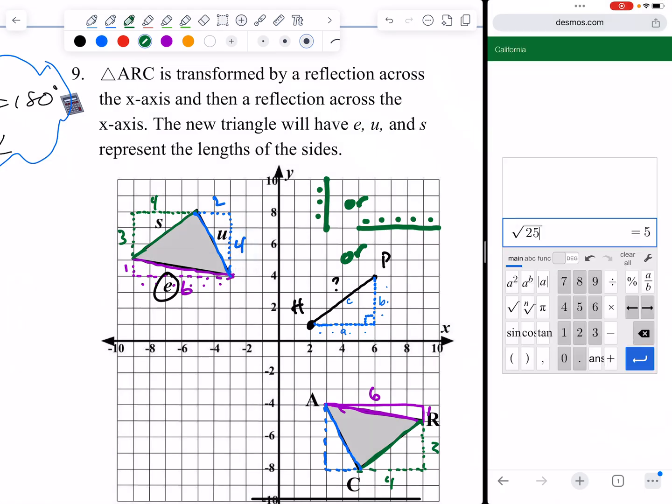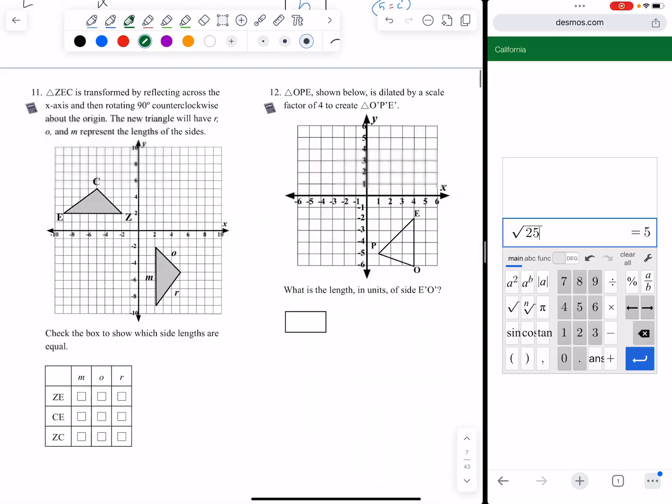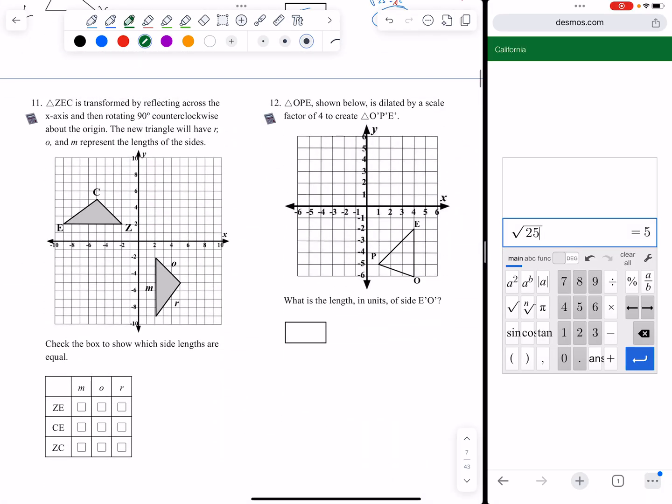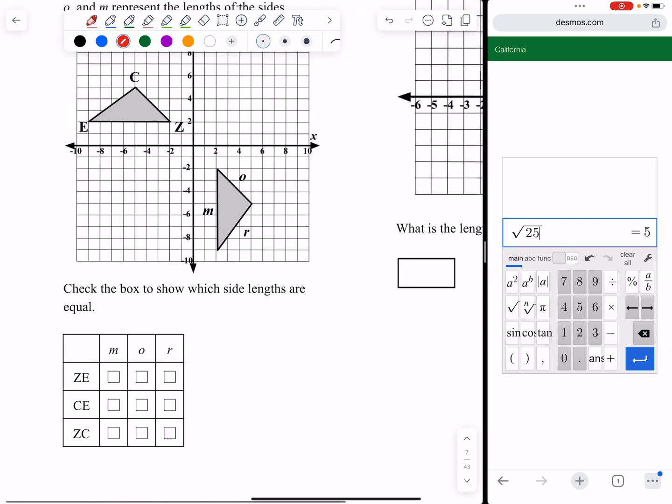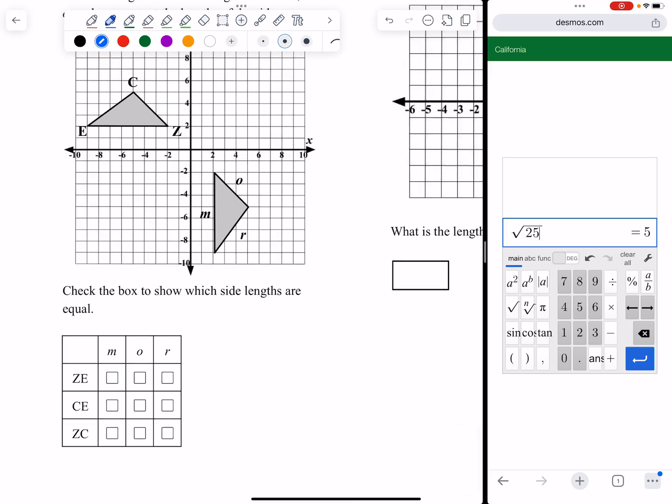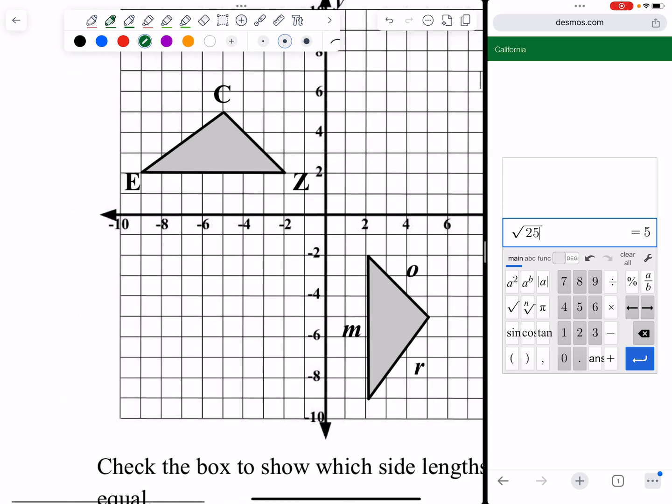All right. 2 more. And these are the same questions. Triangle ZEC is transformed by reflecting, then rotating. The new triangle ROM. So let's match them up. Okay, no problem. This one's kind of easy compared to the last one at least.